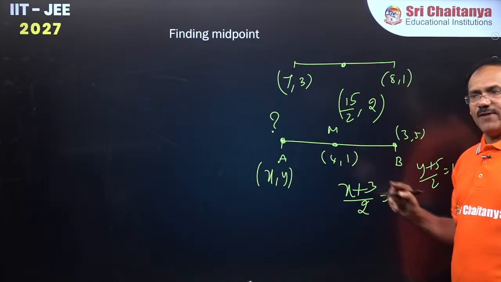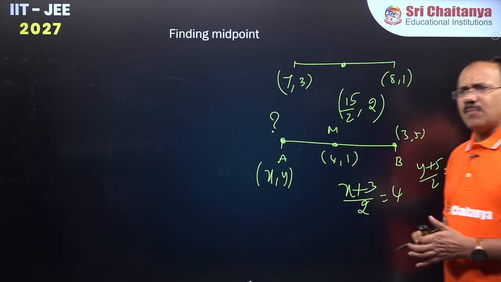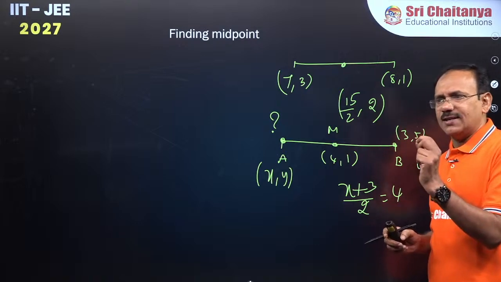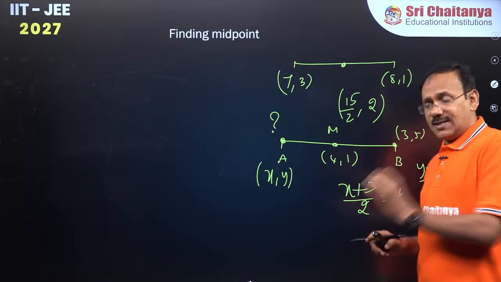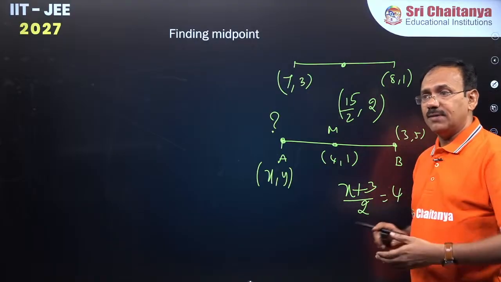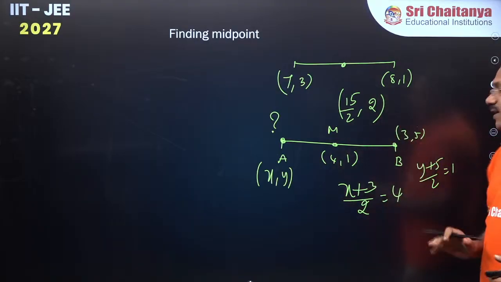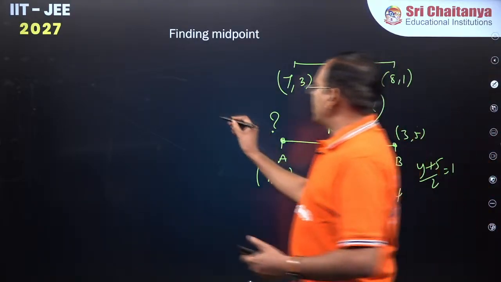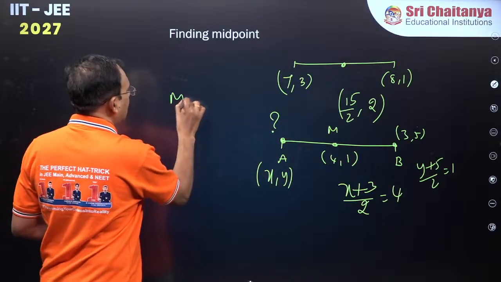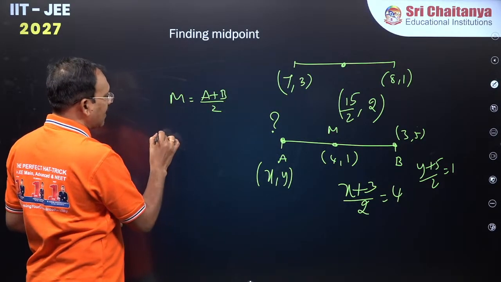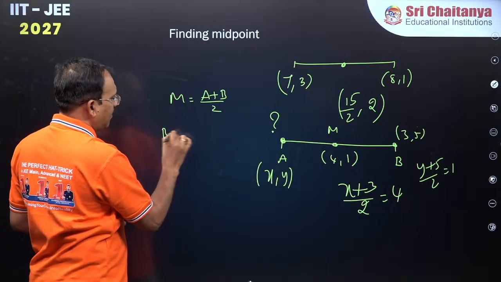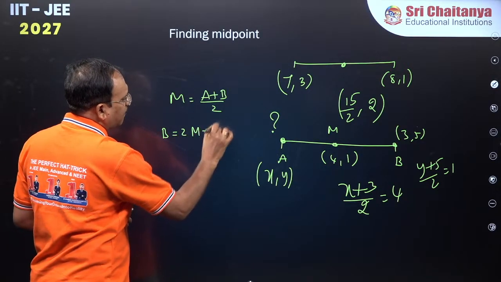Yeah, very good. But a small technique I'll tell you, not a big thing, but it saves some time, because this concept we use in a bigger problem. The technique is, you know, dear students, midpoint is a plus b by 2. So, can I write a or b is double of midpoint minus a?